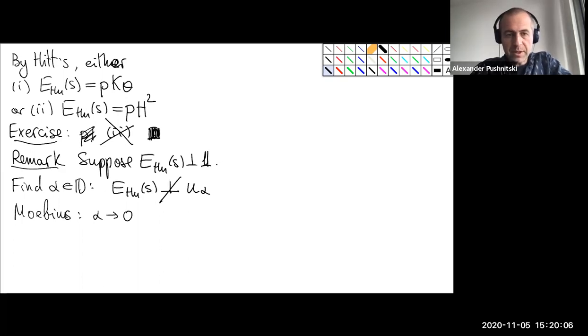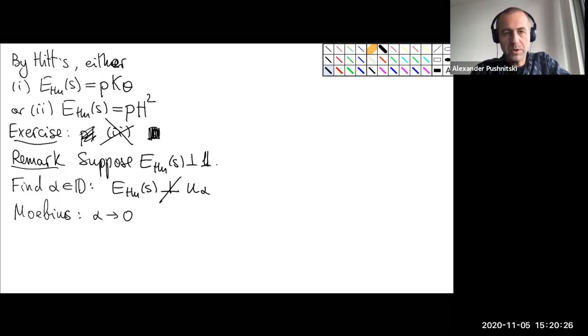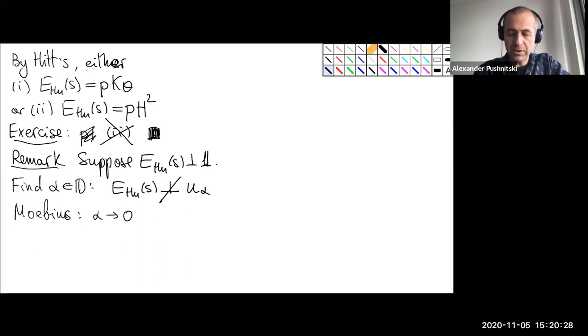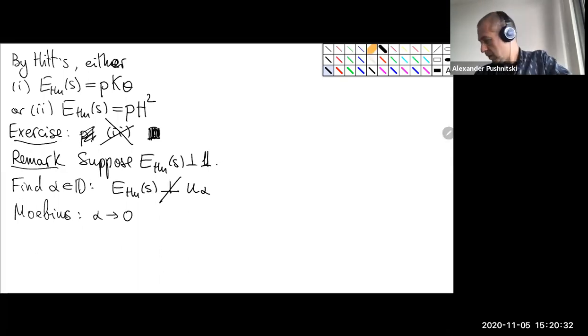Okay, so I have 10 minutes left. I'm just wondering what to cover in these 10 minutes. So I think I want to speak about inverse problems for Hankel operators, which was the motivation for all of this work.